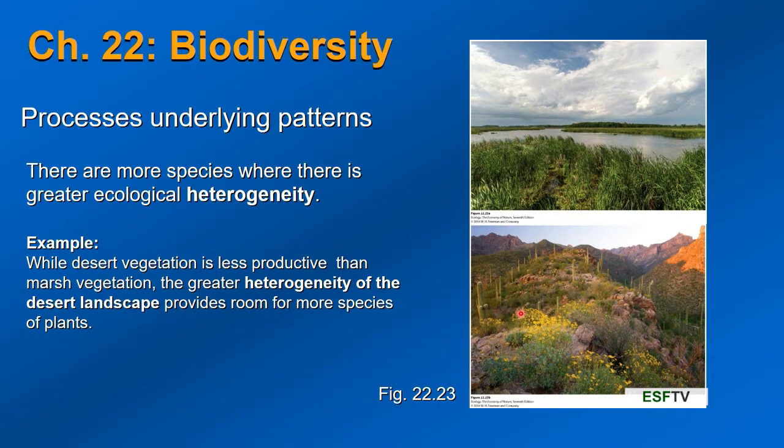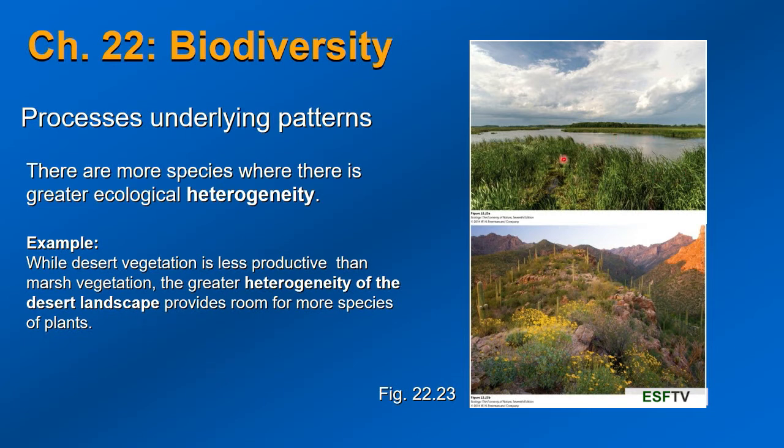Okay, the underlying pattern is being driven by heterogeneity, right? Habitat variation. These two examples give this stark relationship. You have so much water, so much nutrients, so much light in this marsh, but it's almost depauperate in species richness.